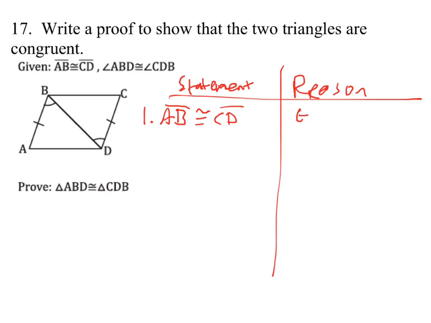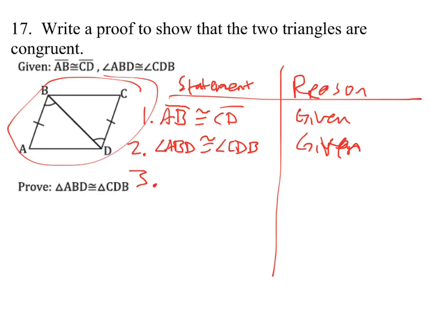And that's a given. And we also have, let's do another one, angle ABD is congruent to angle CDB, and that's a given. And we also need another congruency to have, man, my handwriting's just horrible. Given.